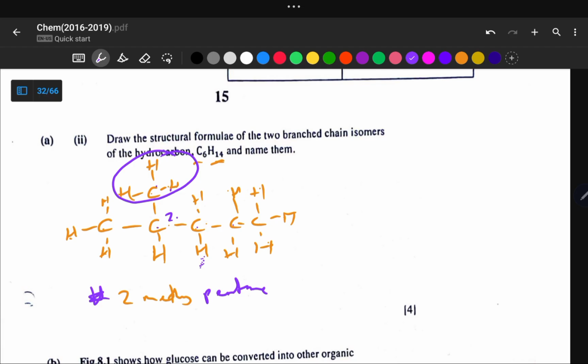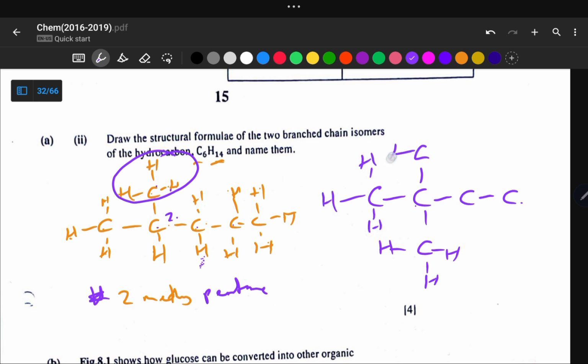So we're simply going to have, this is the butane, and this is position 2, right? So it's 2,2-dimethylbutane, right?